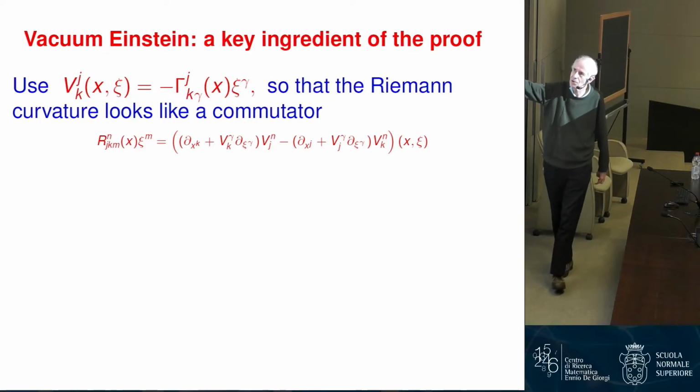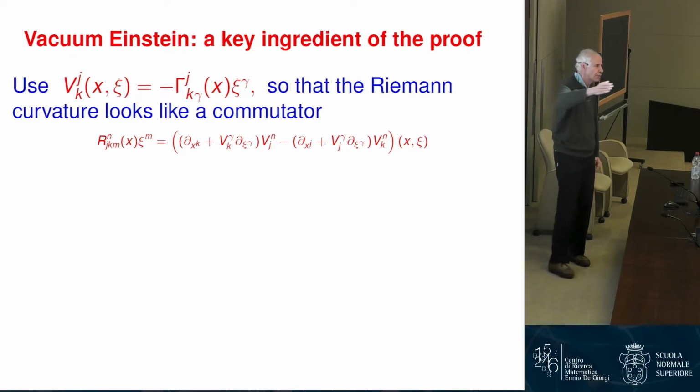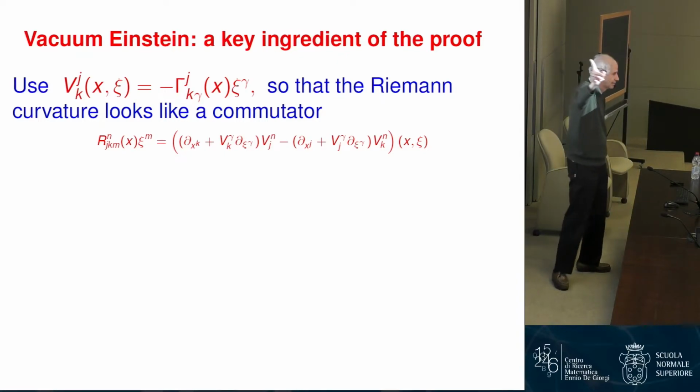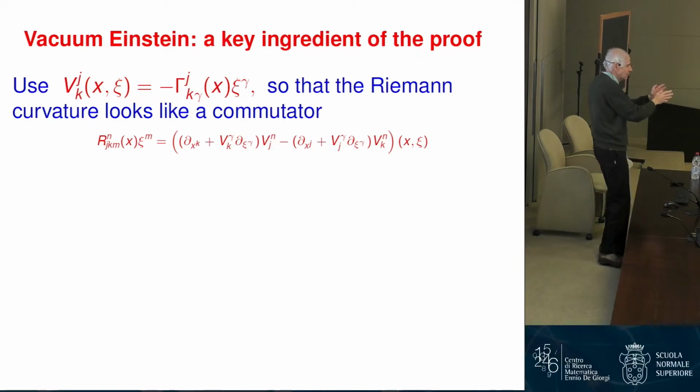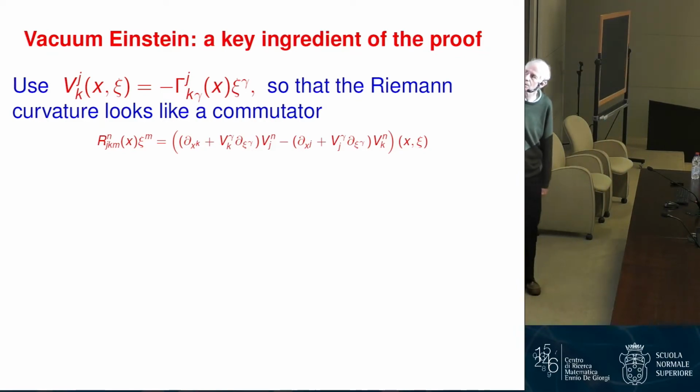So if you consider this field of matrices as a collection of 4 vector fields, the vector fields with indices j, but the label of the vector field is given by the lower case k. So you have 4 vector fields, indexed by k, and then you see that the Riemann tensor in this phrasing looks like a commutator between the fields Vj and Vk.